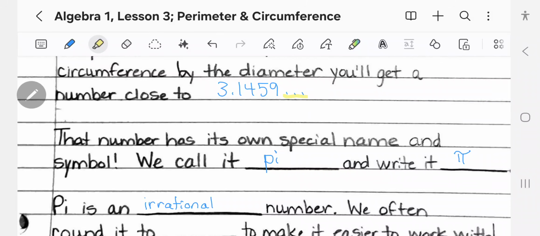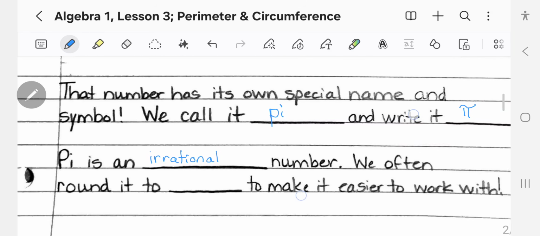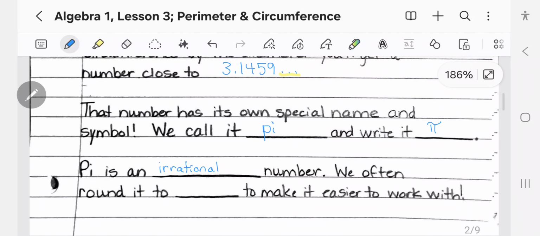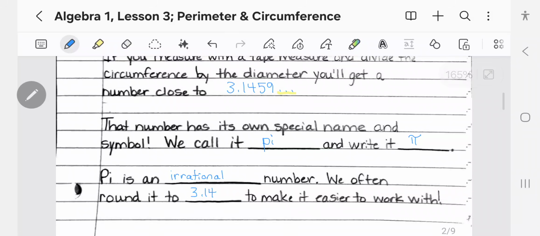They never repeat, and they never stop. So that's what an irrational number is. Now, in math, that would really make it hard to compute. So what we do is we often round it to 3.14. And we use that to make it easier to work with when we're doing our calculations.